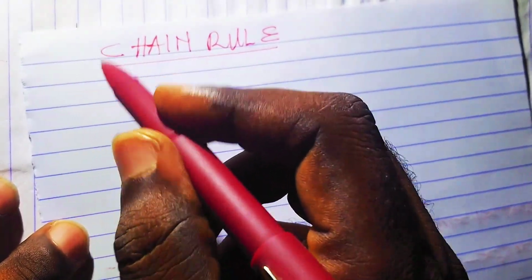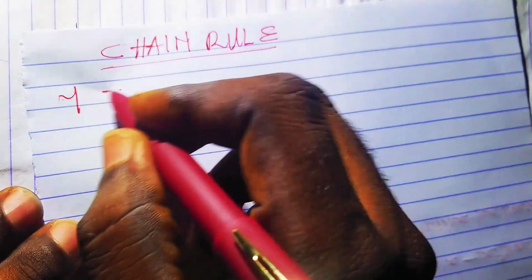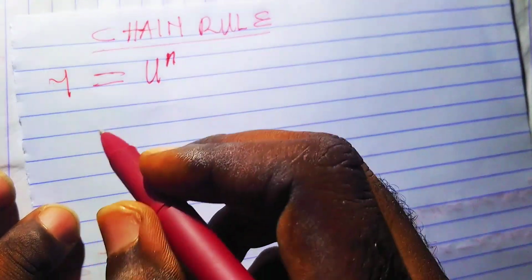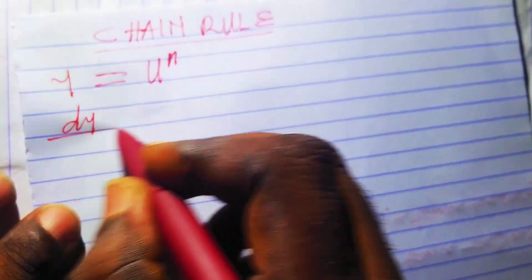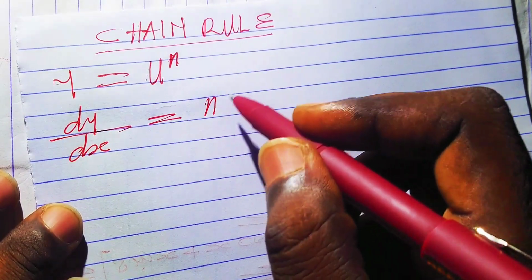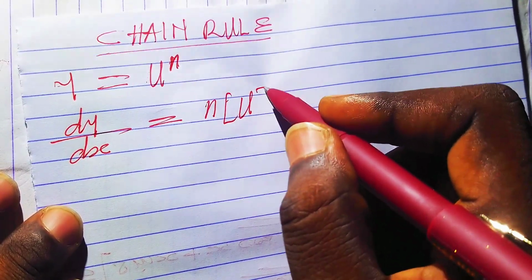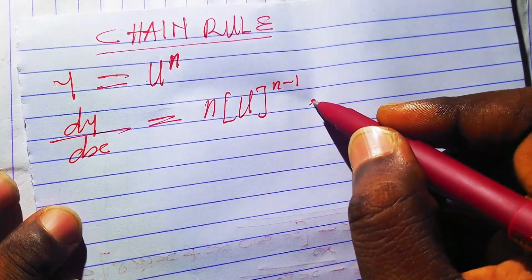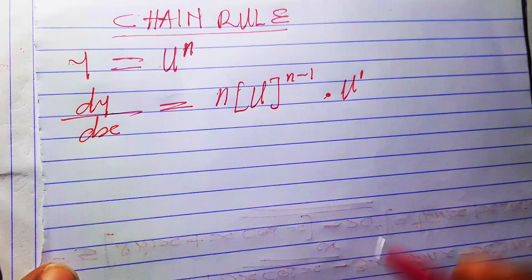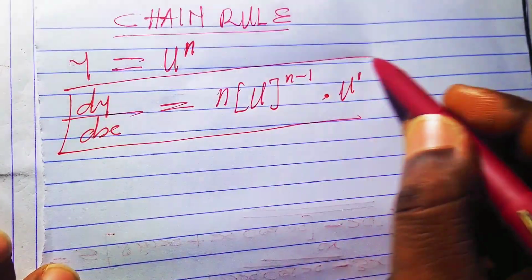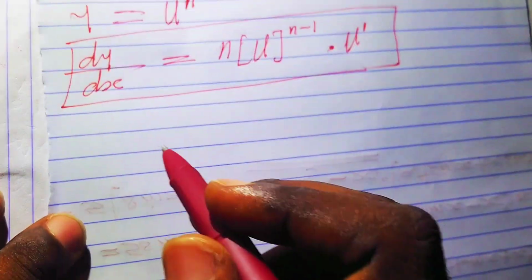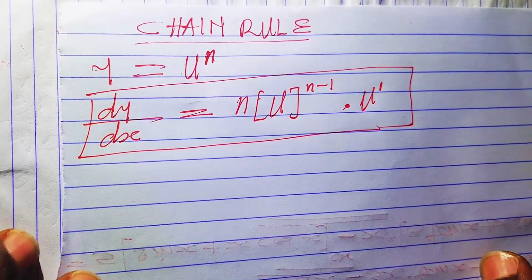The concept of the chain rule is this: if your y is u raised to the power of n, then differentiating y with respect to x is equal to the power itself, n, multiplied by u raised to the power of n minus 1, then multiplied by the derivative of u. Take note of these concepts of the chain rule. So let's take a look at a few examples of the chain rule.